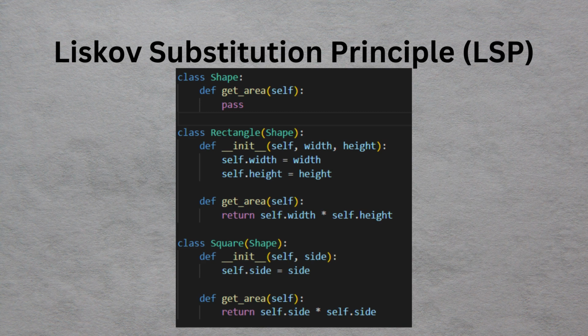We've also implemented the rectangle and square classes as subclasses of shape and implemented their own get_area methods. With this new class hierarchy, we can now substitute a rectangle object with a square object, or vice versa, without breaking the program's correctness. The square object no longer has a set_side method, which ensures that it follows the same interface as the rectangle object.